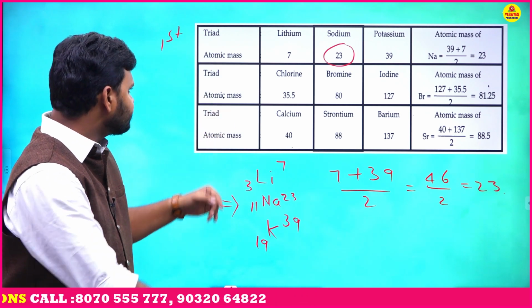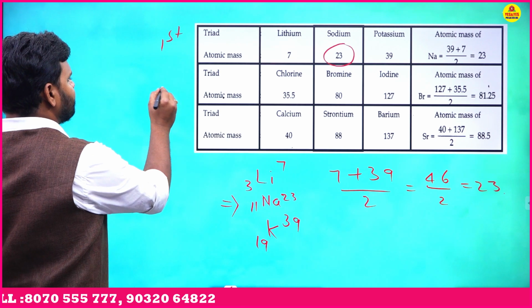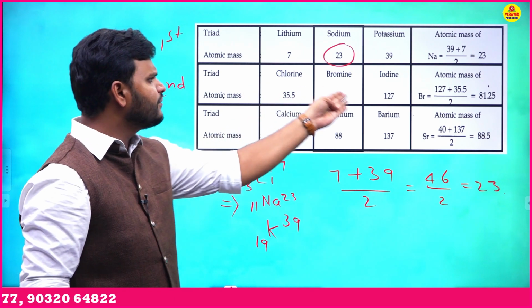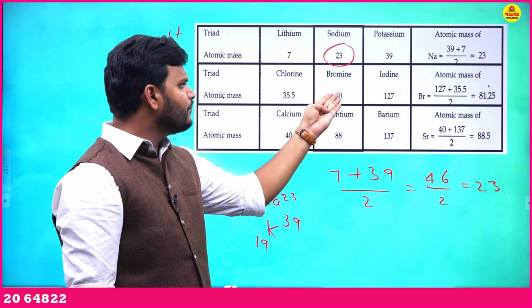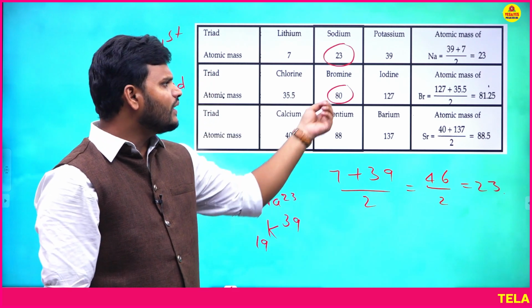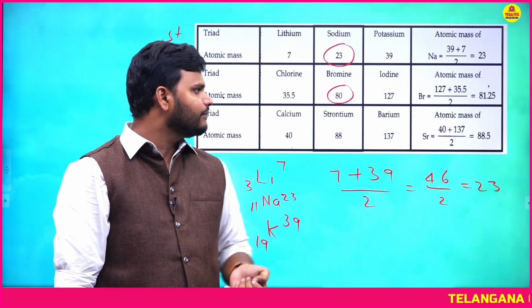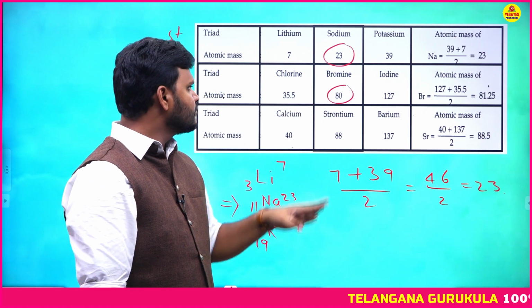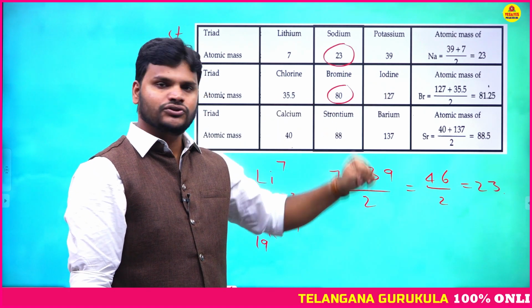Next, this is the second triad. Same logic: chlorine, bromine, iodine. Here bromine is the middle element, with atomic mass 80. The first element is chlorine and the third is iodine.